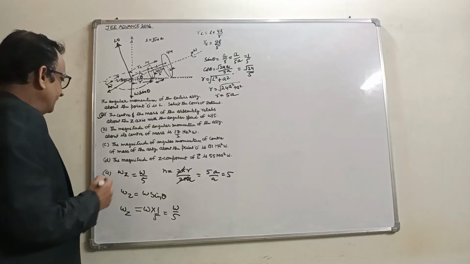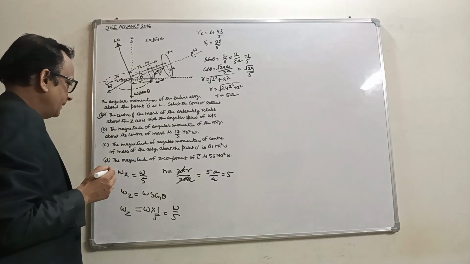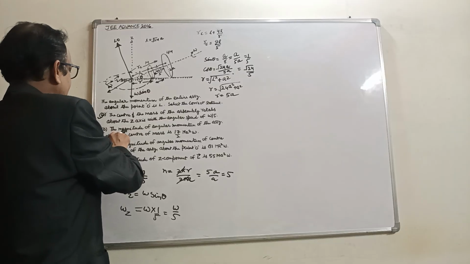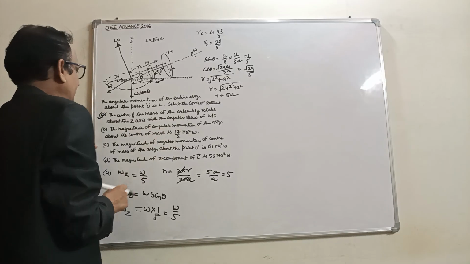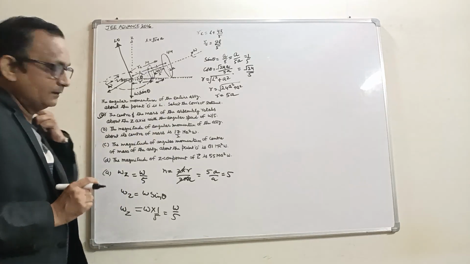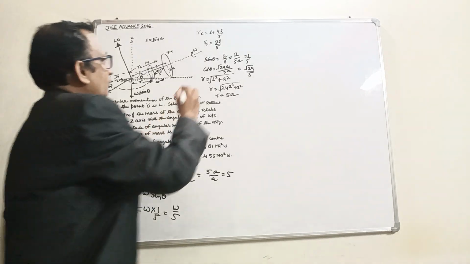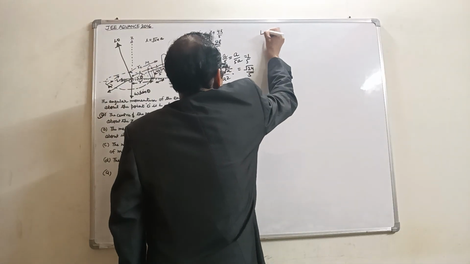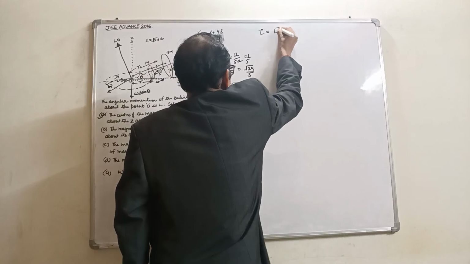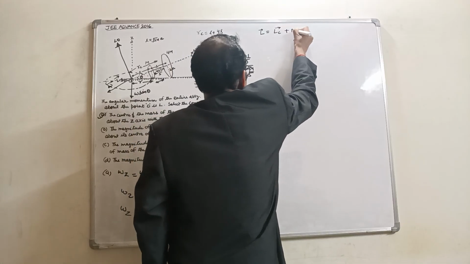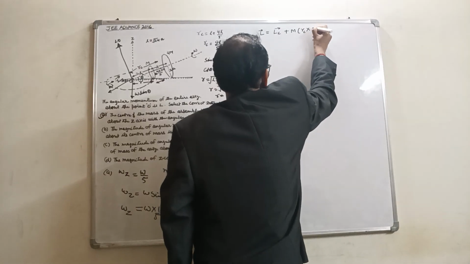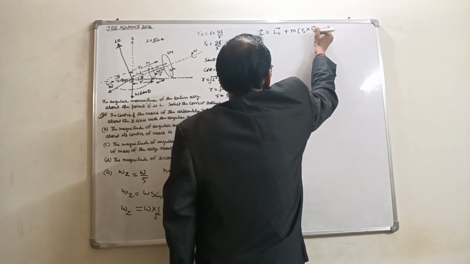Now the second option says the magnitude of the angular momentum of the assembly about its center of mass is this. So what is the angular momentum? Angular momentum would be written as m RC vector cross VC vector.